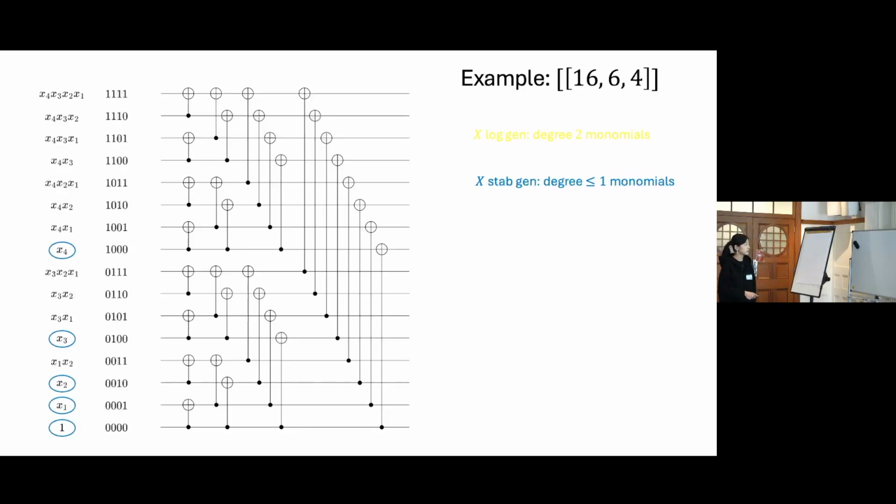For the X stabilizer generators, you just circle out those monomials and put plus here, and you are guaranteed to get the corresponding stabilizer at the end. For the logical generators, you just allow arbitrary quantum info here. And for the rest, you just assign them as 0 states, which will give you the stabilizer generators at the end. So this is the unitary encoding circuit of the entire quantum Reed-Muller code family.